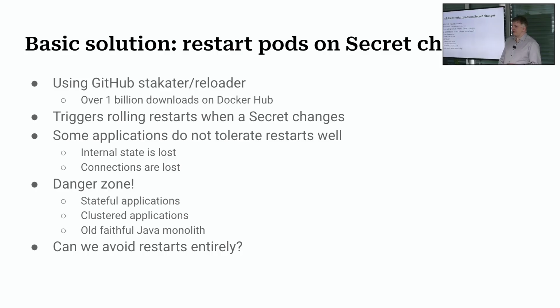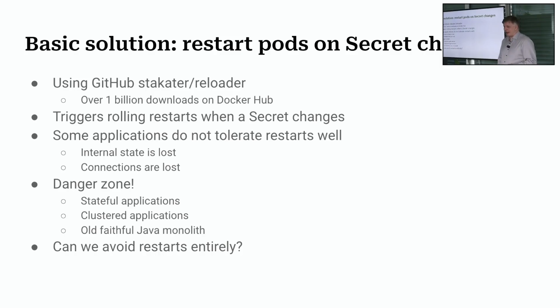But if you have a larger stateful application, maybe it's a Java monolith, or even worse, a clustered application where each member in the cluster has some state that they are processing, and clients depend on that node to be available. For instance, Elastic or OpenSearch very much match all of these definitions: a stateful clustered application that's an old faithful Java monolith.